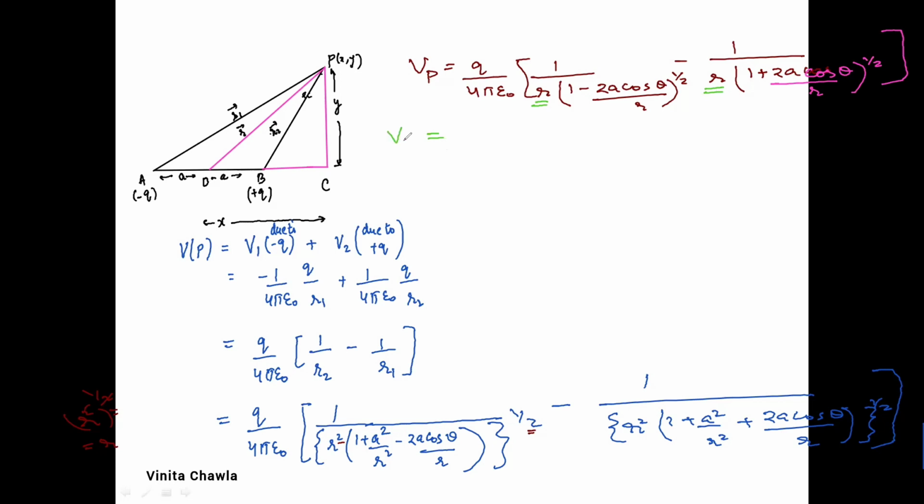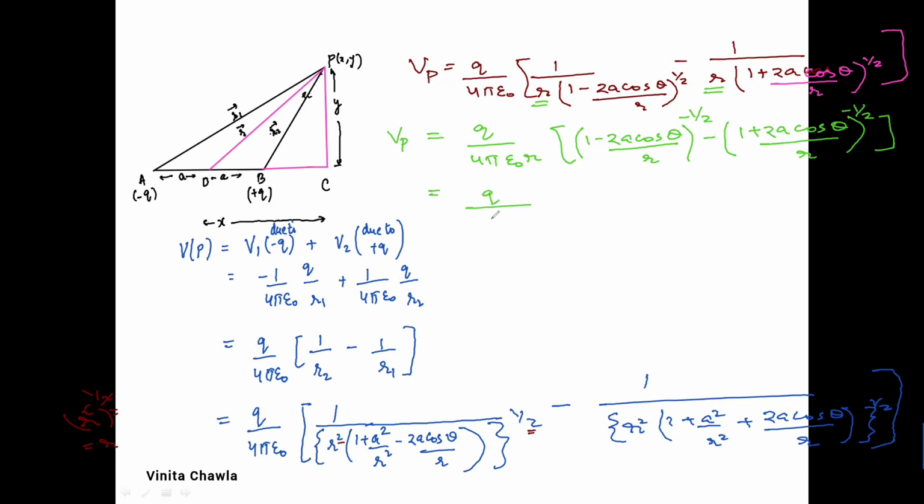So potential at P is equal to Q upon 4 pi epsilon naught r, and here we have 1 minus 2a cos theta by r raised to the power minus half, and a minus sign, and 1 plus 2a cos theta upon r raised to the power minus half, bracket close.